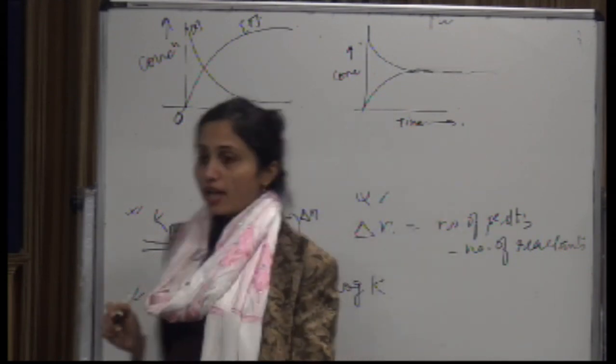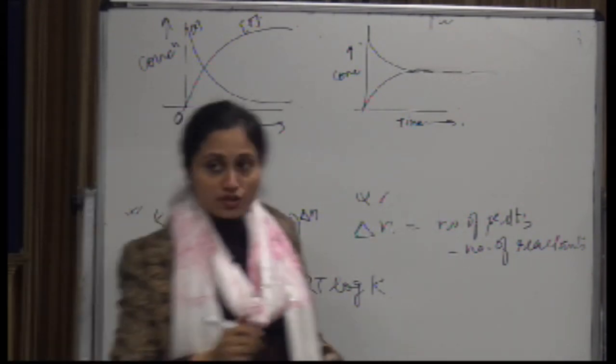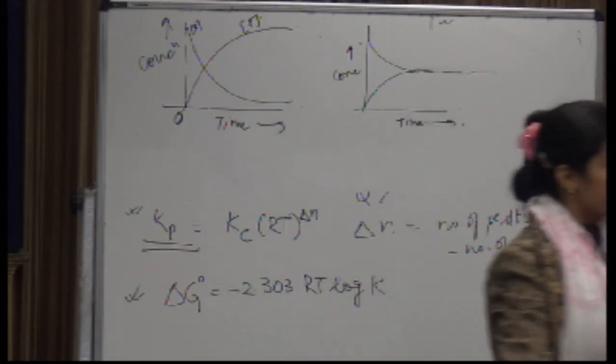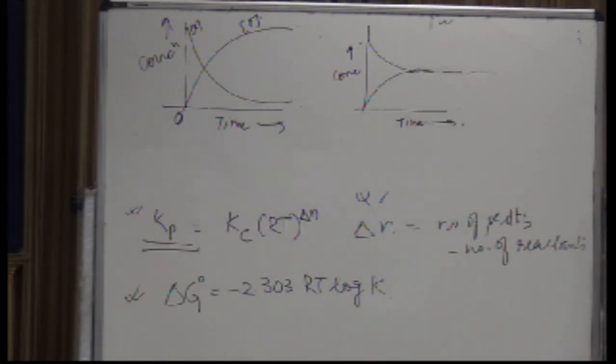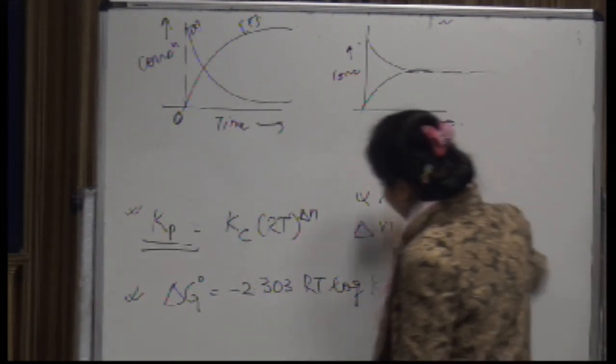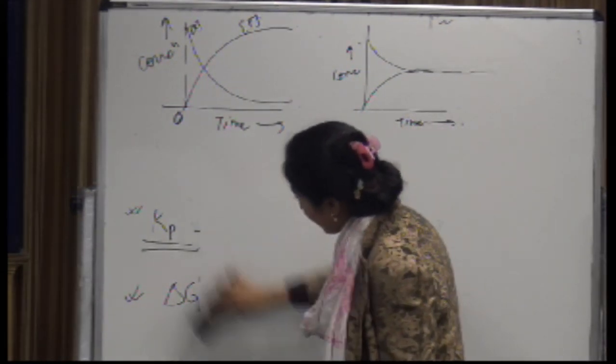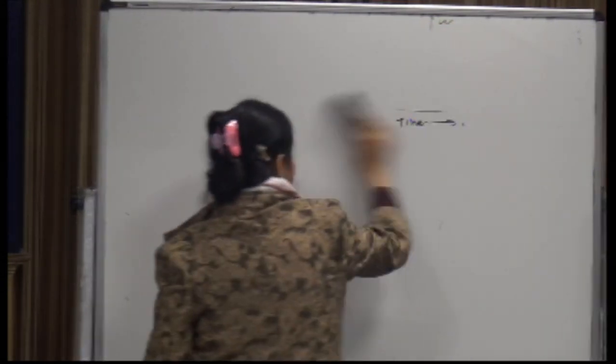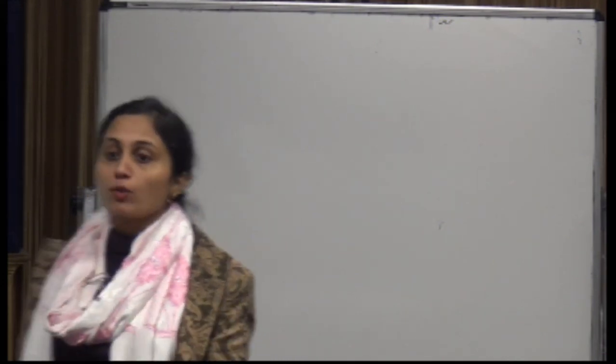Okay, now there is an important principle, which is called the Le Chatelier's principle, and that states, now that we've discussed the Kp and Kc very much in detail, we can now move on to something more interesting, which is very simple also to understand. See, whatever change you try to do to the reaction, the reaction will try to oppose it.